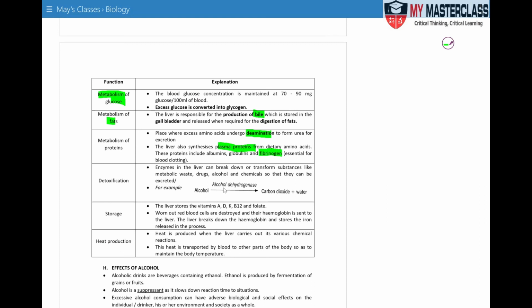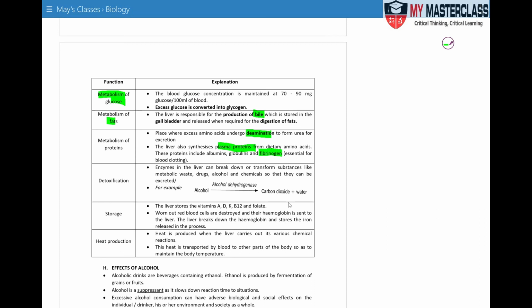So an enzyme called alcohol dehydrogenase will break it down into carbon dioxide and water, which can be removed safely from the body. Some individuals do not contain this enzyme at all, or have low quantities of it, and more often than not, they find that they are extremely allergic to alcohol itself.